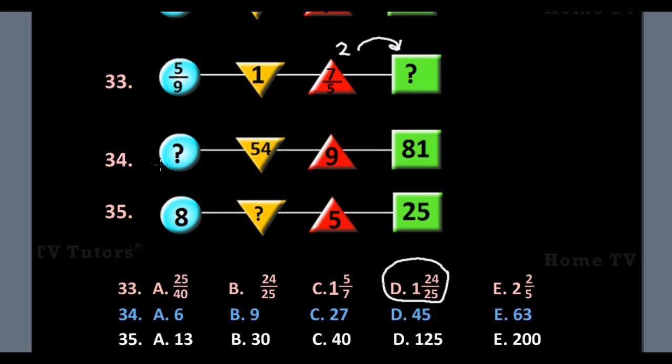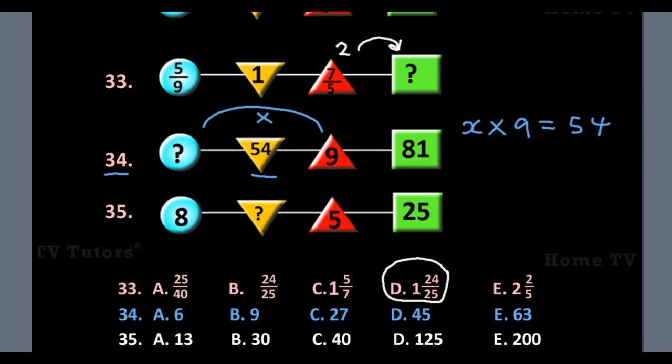Okay, question 34. The unknown number is the number placed at the beginning, the left hand side. Okay, and we know that it is the multiplication of these two numbers that gives us this number at the middle. Okay, so unknown number x times 9 will give us 54.